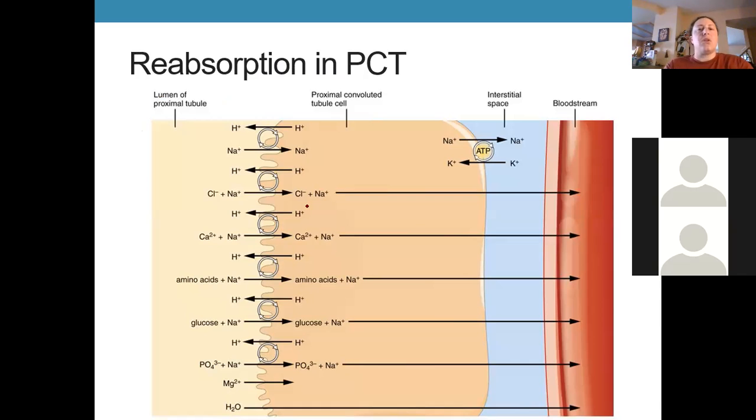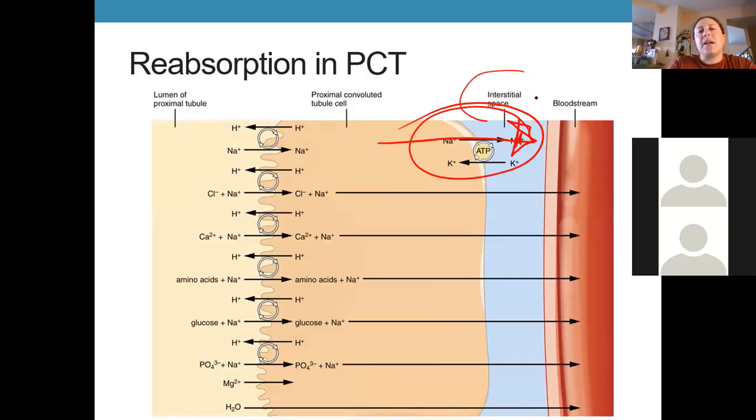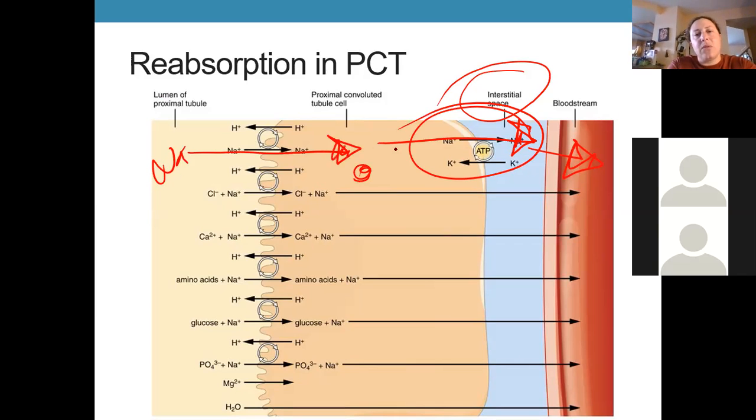So here's our primary active transport. This is where we're actually using ATP. We're moving sodium out of the cell into the extracellular space and then into the blood. Because the sodium is moving out here, we have a low concentration in the cell, and so any sodium in here is going to move down its gradient into the cell, where it then gets pumped out and into the blood.